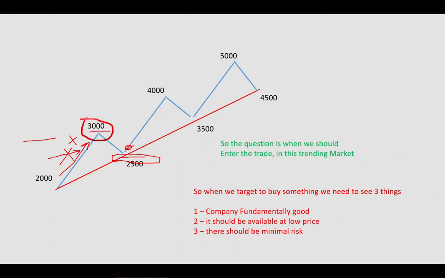Which price is cheaper? Can you tell which price is cheaper? Even though this 3000 price looks lesser than 3500, still 3500 is a cheaper price, because that is a more reasonable area where one can think of entering the market.